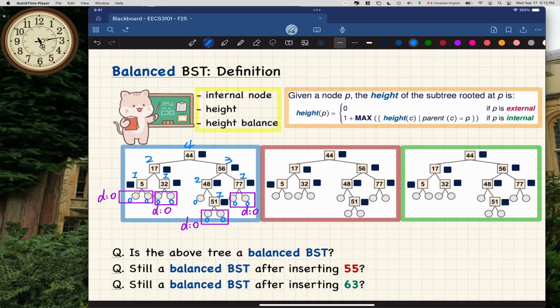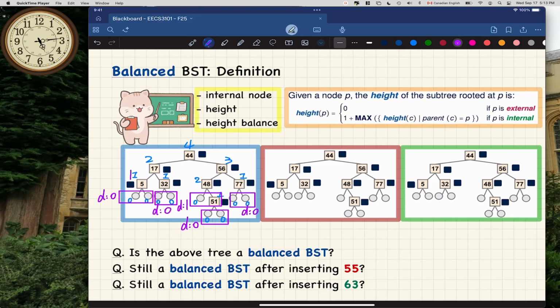You don't necessarily have to consider the height difference just yet, until you figure out the heights for all the nodes first. Figure out the node heights first before you talk about difference. Now let's talk about the difference. For example, between these two siblings, the difference is just 1, which is okay, less than or equal to 1.